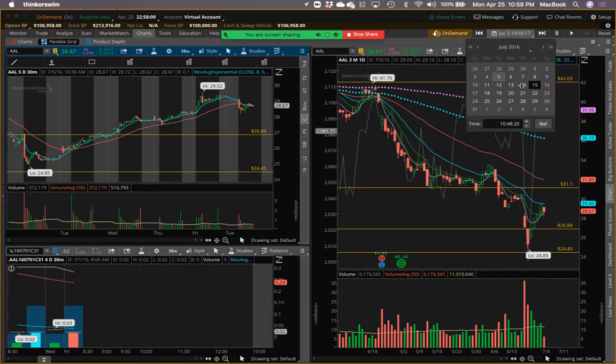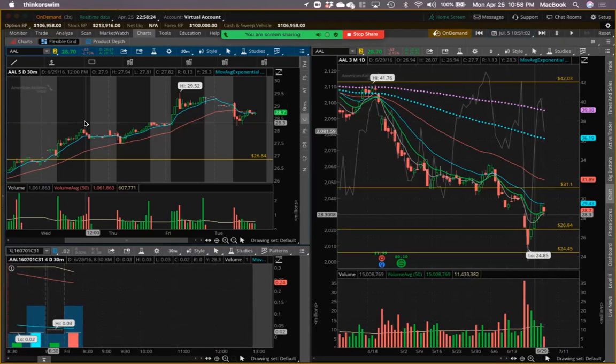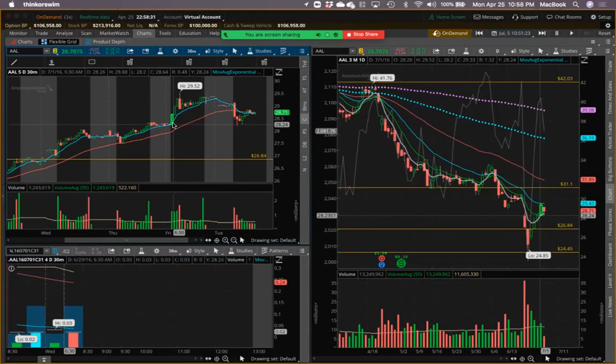So I would be looking for an expiration for the 15th of July. And I will be looking for a target. Where's our target in this case? Where do I think it can fall to? Well, based on what I'm looking at for the higher highs and higher lows, it's kind of already peaked that one. So I would have a target that it goes down to 28.24.